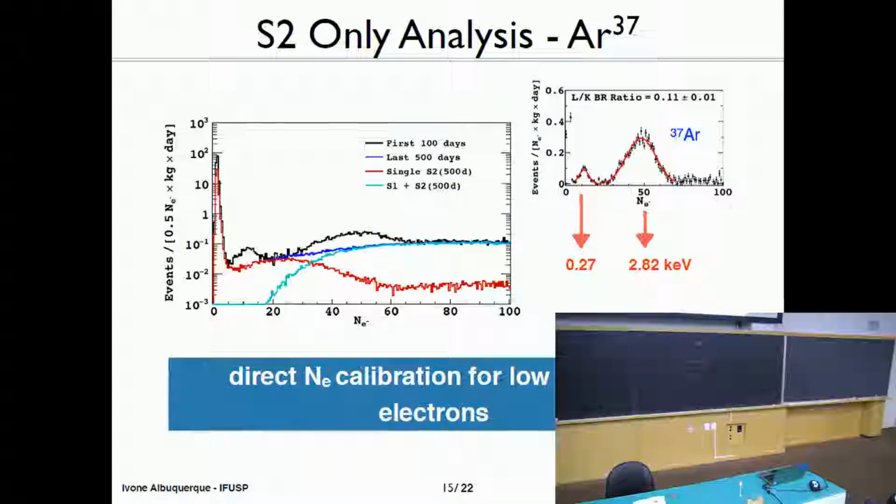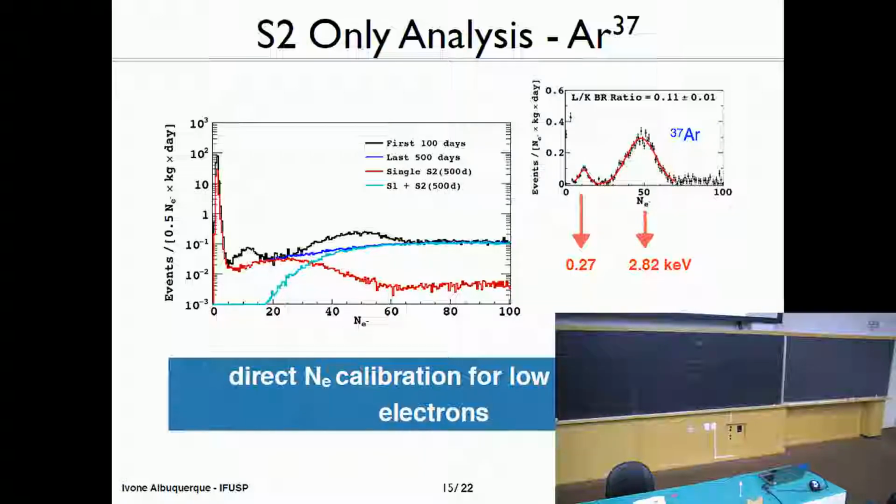The other step is the direct energy calibration as a function of the number of electrons. For this we profited from the fact that when we transported the underground argon that fills the detector from Fermilab to Italy, and also in the refining, there was a contamination of argon-37.